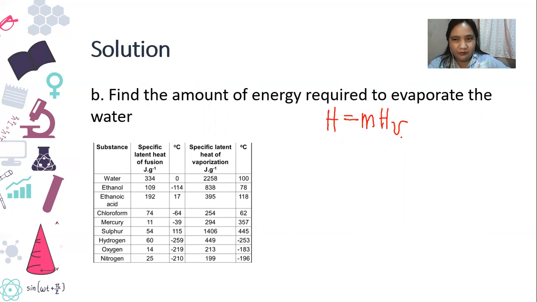Okay, you're always asking me questions like, ma'am, are we gonna use 2260? Whatever is given in the problem. If the problem already has a table, like in this case, use the table. Now, if it's given separately or very specifically, this is the value of the specific heat or the latent heat, please use those values.